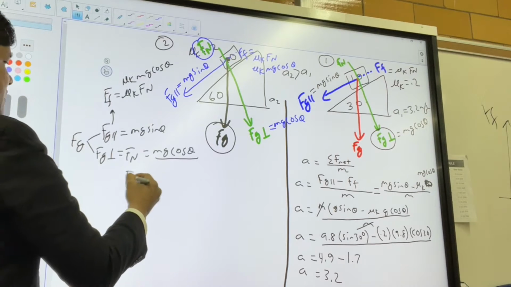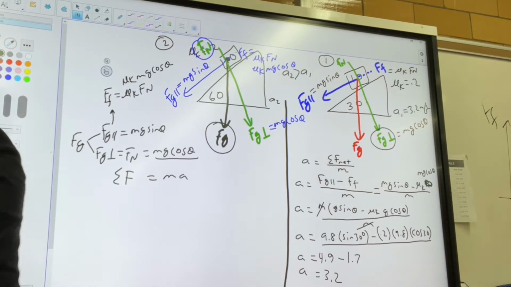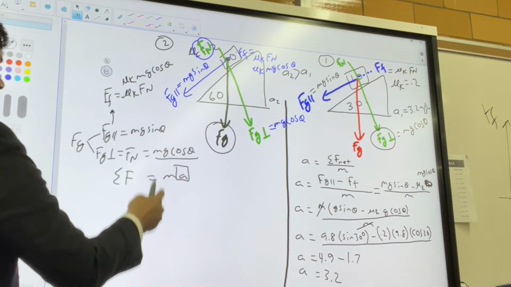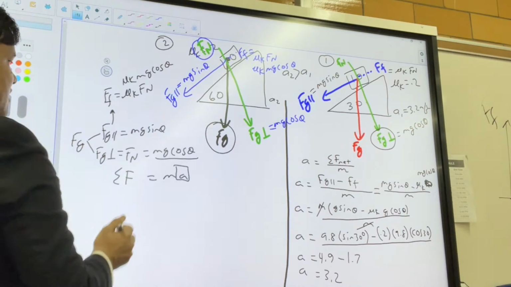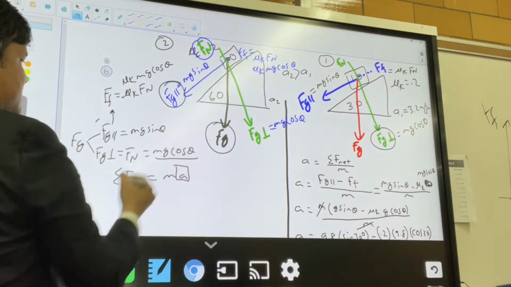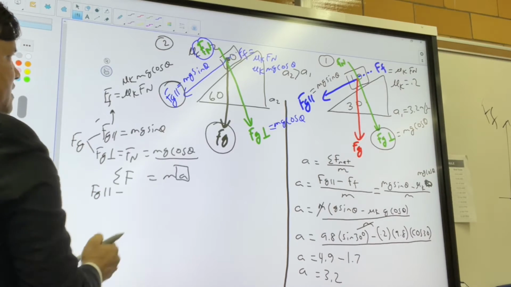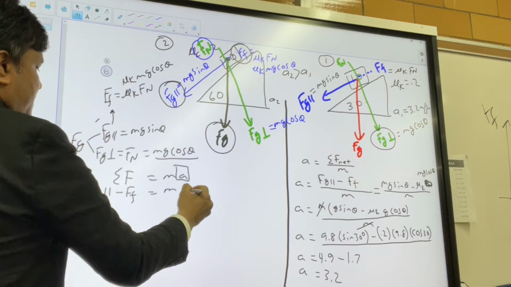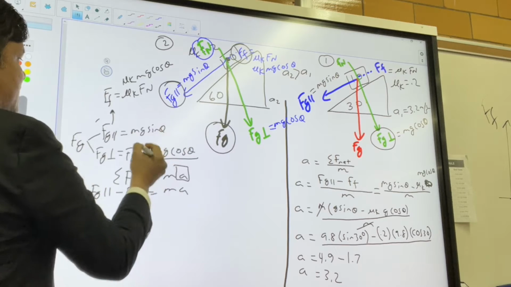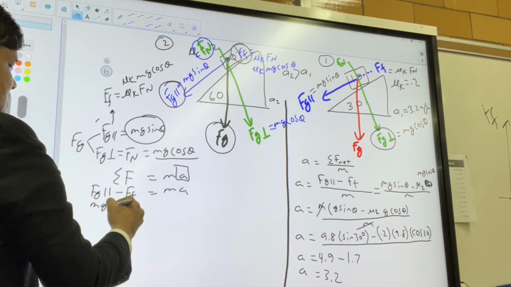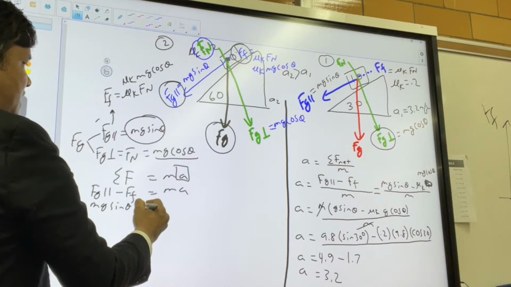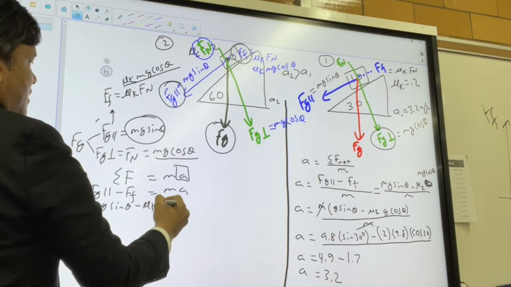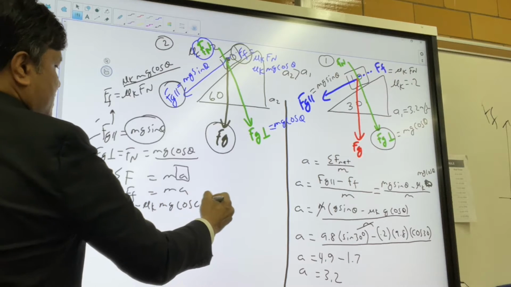So we start with net F equal to ma. Alright, so what are the forces F? F are the forces that are acting in the direction in which the box is accelerating. The box is accelerating in this direction, so FG parallel minus what is slowing it down. FG parallel is mg sine theta, minus FF, which is mu k mg cosine theta, is equal to ma.